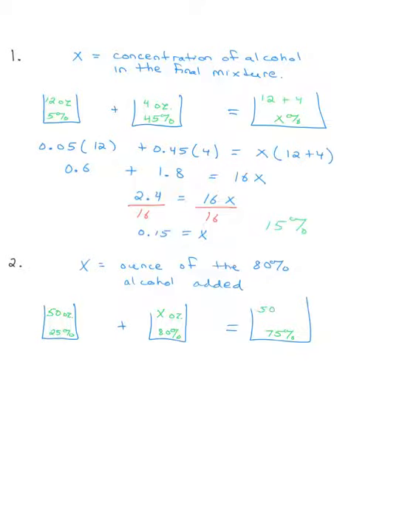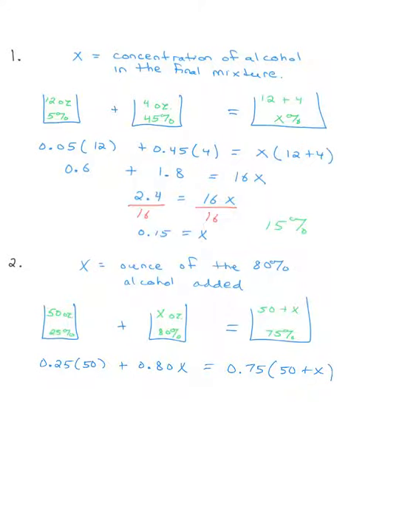And I'll just include that the total amount of liquid at the end is going to be 50 ounces plus X ounces from your other solution. The equation we get is going to be 25% or 0.25 times 50 plus 0.8 times X, and that's going to be equal to 0.75 times 50 plus X. I can now focus on solving this equation.